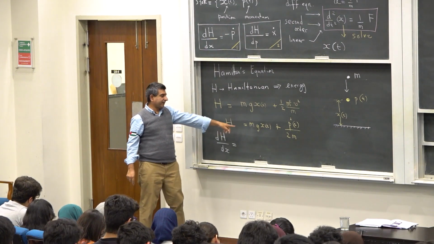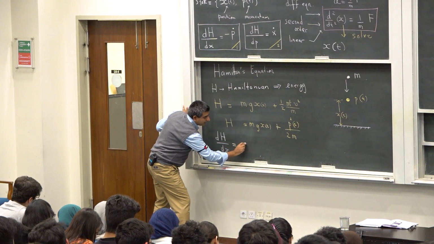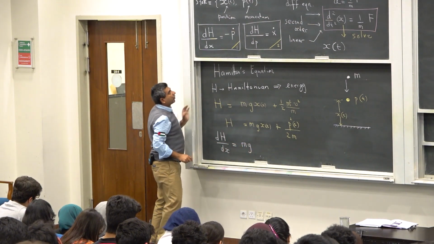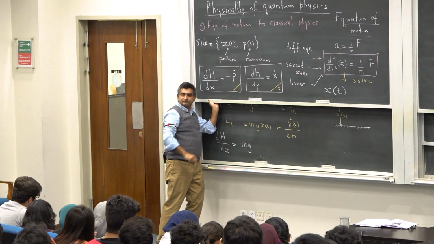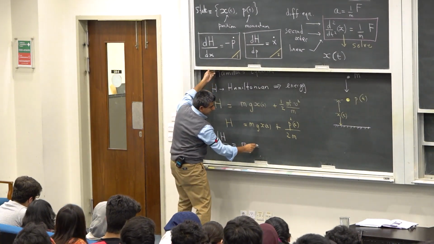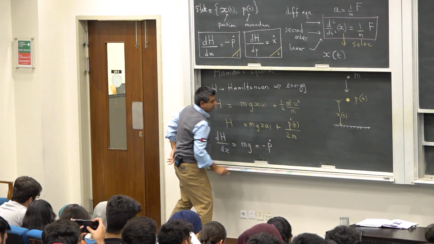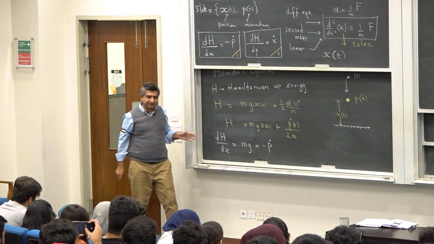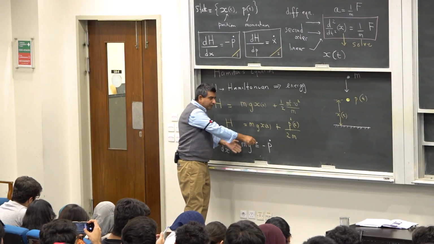What's the derivative of H with respect to x? mg. But what should mg be equal to? Minus p dot. So this is my first equation. That's the result of the first equation of motion. mg equals minus p dot.